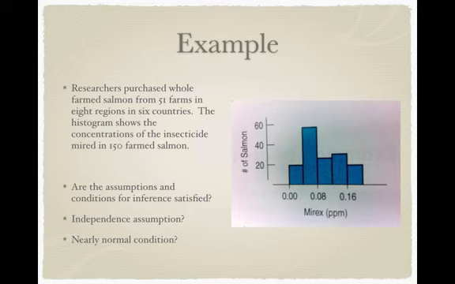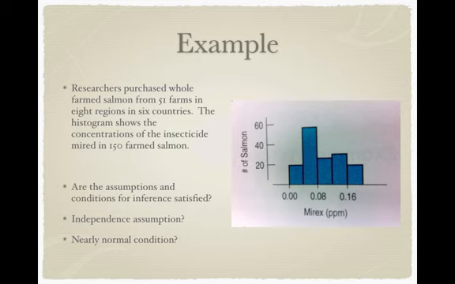Now we also want to see, does it resemble a symmetric or normal model? This one, not quite so much. It's got a little bit of skewness to it. But because we have a sample size of 150, because we have such a large N value, it'll be acceptable to have a little bit of skewness.